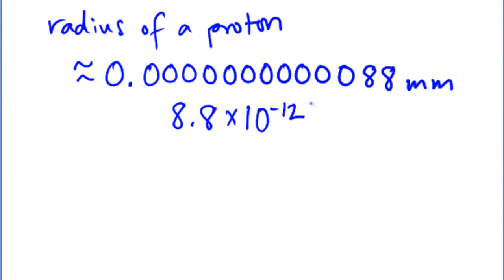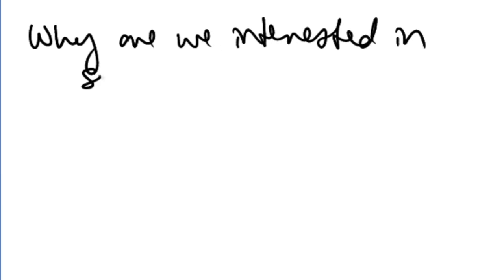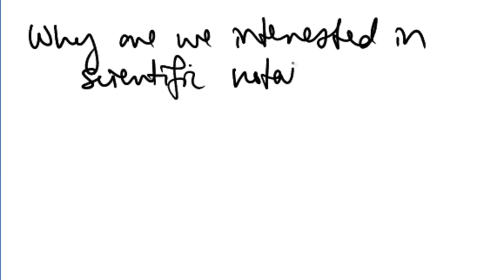So, what do we want to be able to do with scientific notation? Why are we interested in it? Well, we can see we're interested in scientific notation because it lets us write really big or really small numbers much more quickly.